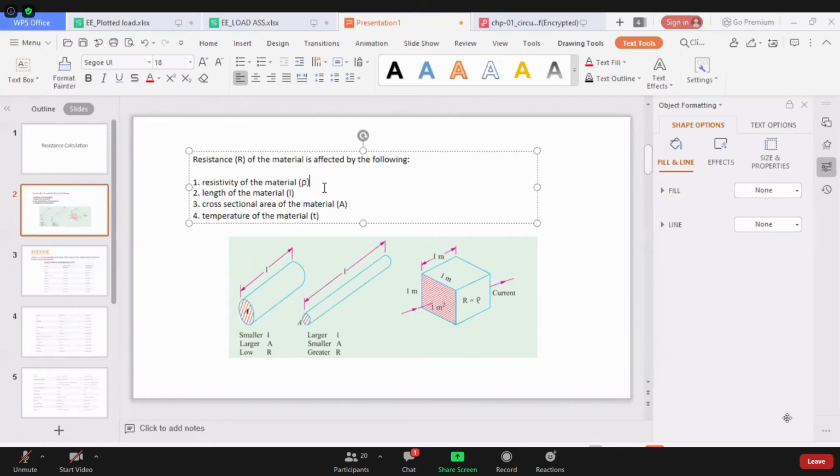Because we have different body structures, meaning we have different resistance in the body. So the amount of current that will flow in the body, no, will vary depending on your condition.